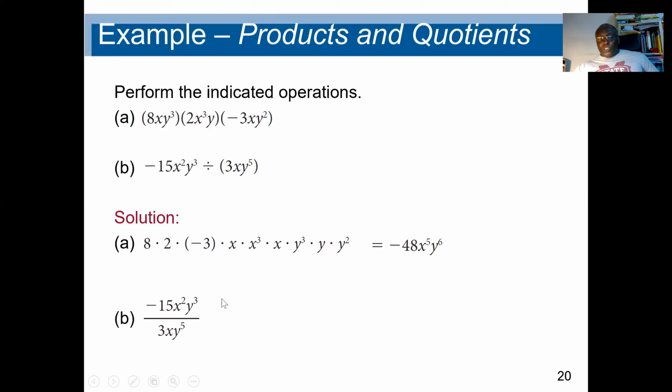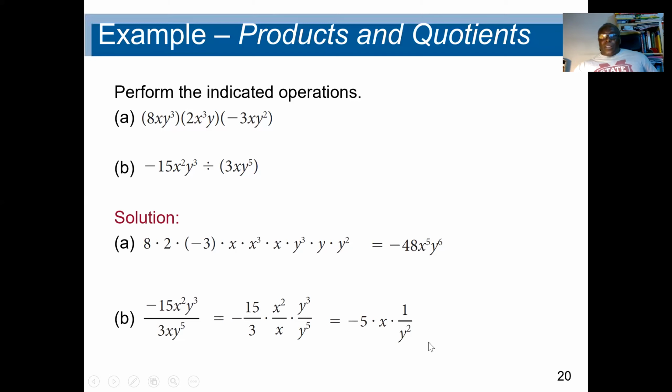We can take a reciprocal of negative 2, which will give us 1 over y squared. So let's see the answer now. Negative 15 by 3, x squared by x, y cubed by y to the power 5. And we get negative 5, x, and y to the negative 2, but it's the same as 1 over y squared.